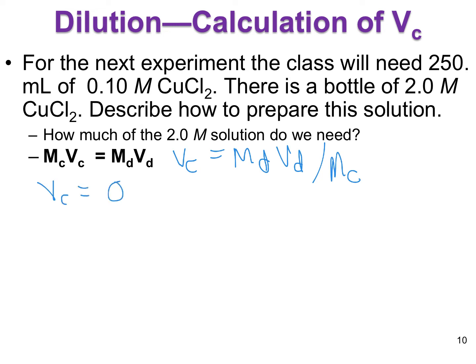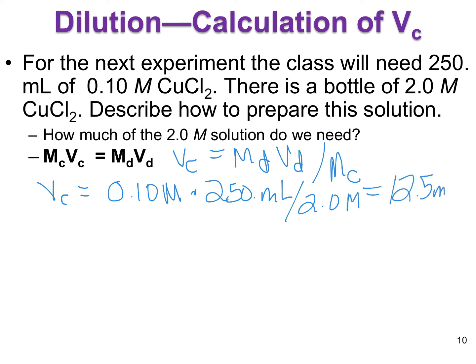equals 0.10 molar times 250 milliliters divided by 2.0 molar, which equals 12.5 milliliters. To make the solution, put 12.5 milliliters of the 2.0 molar stock solution of copper(II) chloride into a 250 milliliter volumetric flask.